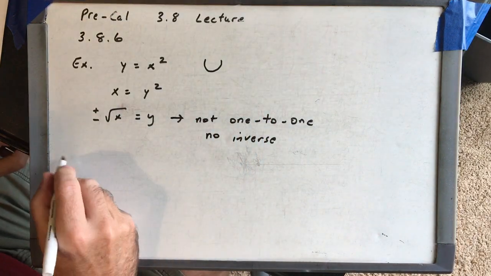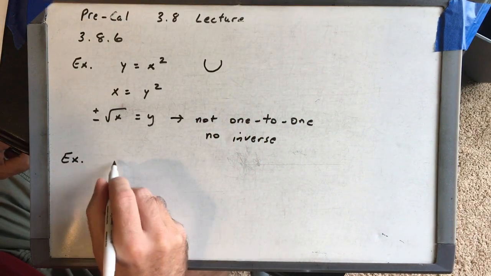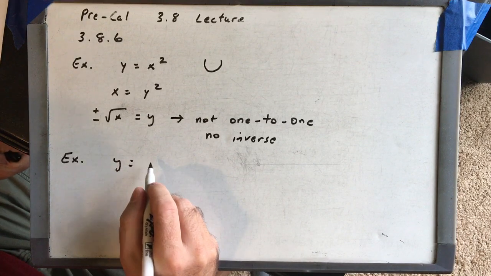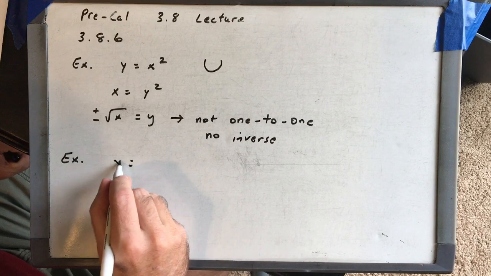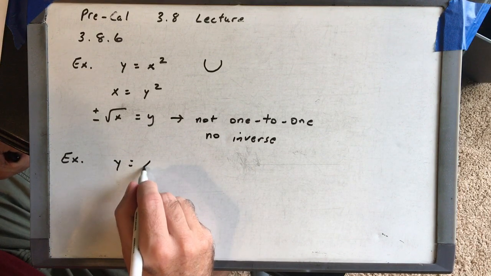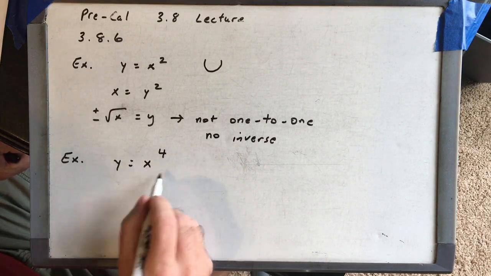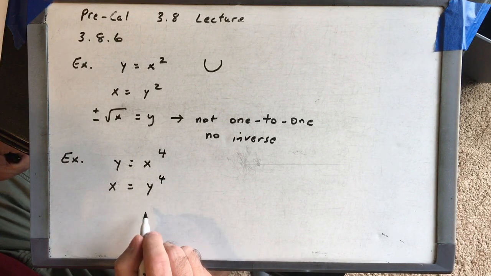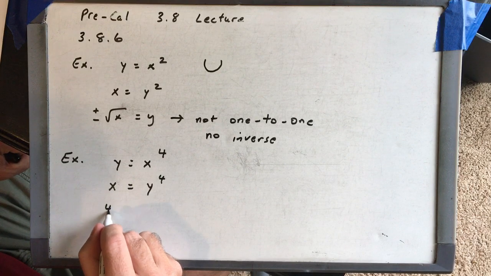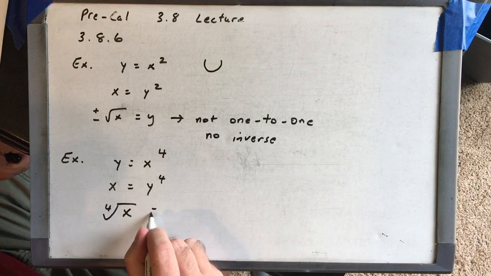All right, I think I can fit the next one on here. y is equal to x to the 4th. Swap the x and the y. x is equal to y to the 4th. And then solve for y. So the 4th root of x is equal to y.